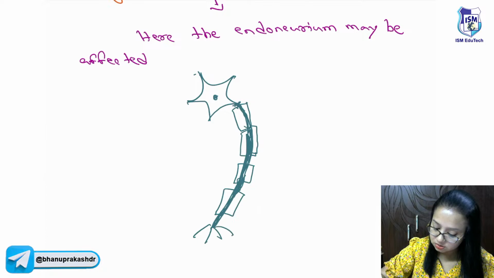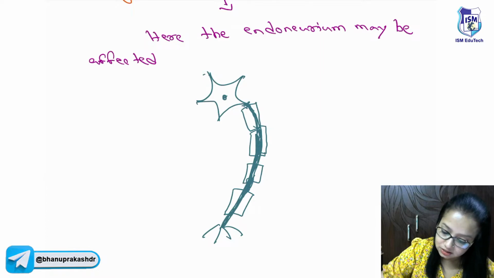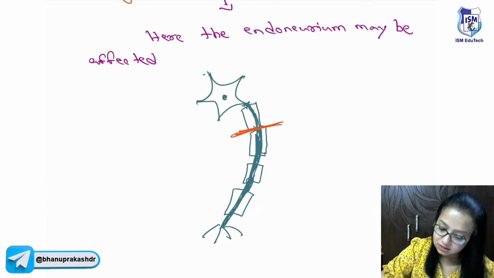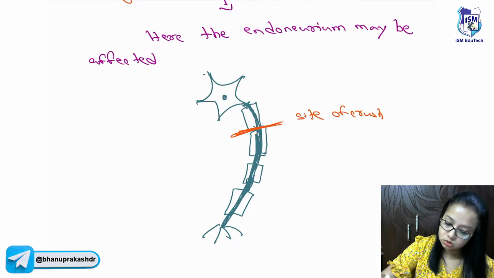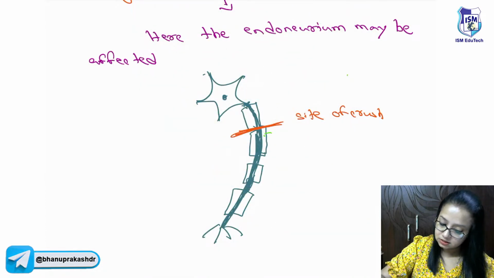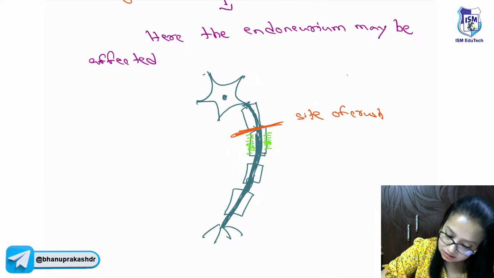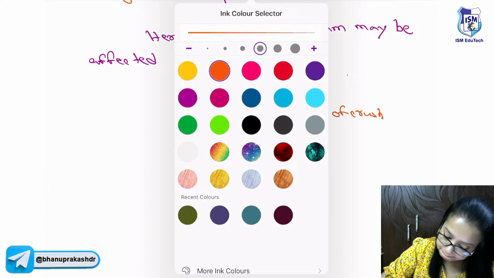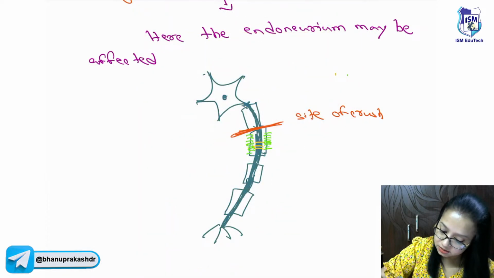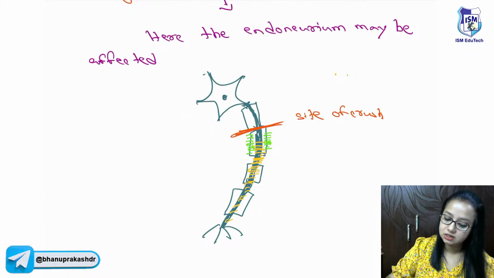So here, in case of axonotmesis, because of the crush injury, this is the site of the crush. So what may happen is that there may be disruption of this myelin sheath as well as disruption or damage to the axon also. Okay, this is what happens when there is crush injury.